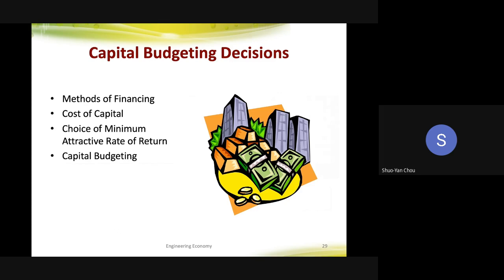So the true decision that we need to make is, out of probably tens or hundreds of projects that we may be able to embark on with the amount of budget that we have, which combination should we choose, financially or economically speaking?